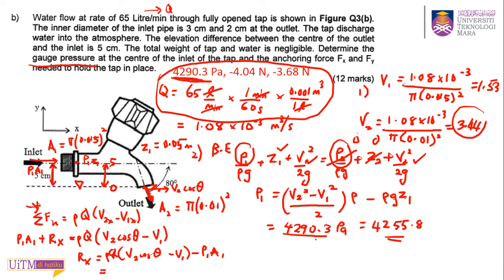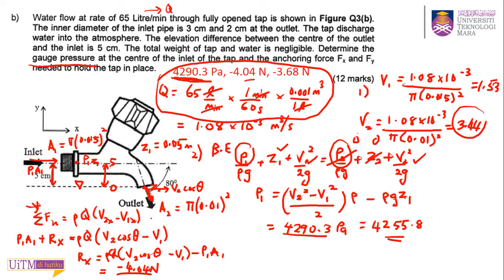P1 ni lah, dah kira dah ni, betul lah. Okay, so your P1 4255.8 times A1, pi times 0.015 squared. Okay, if you calculate this, you should get this value lah, 4.04 Newton, and negative 4.04 Newton.